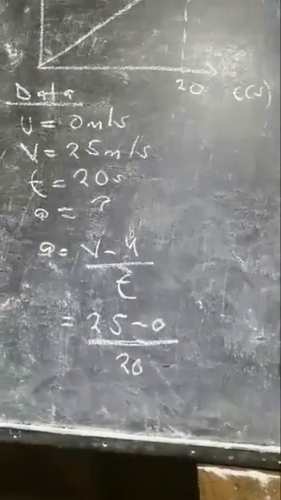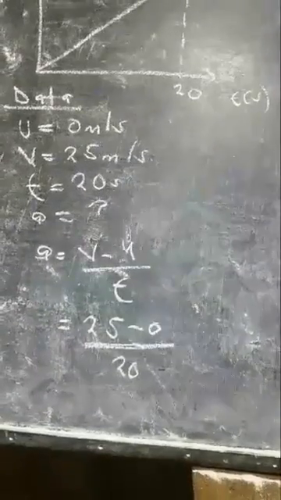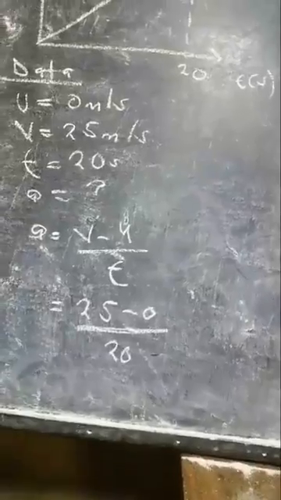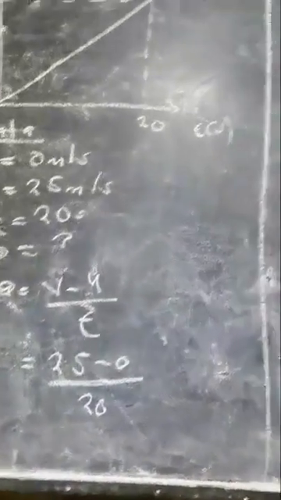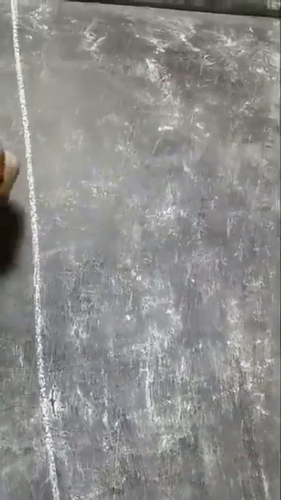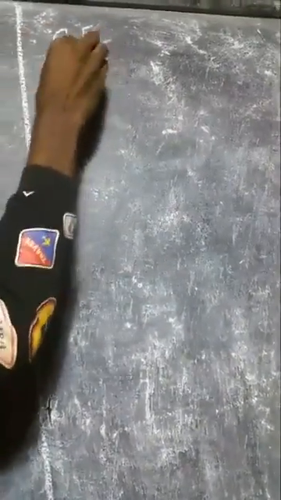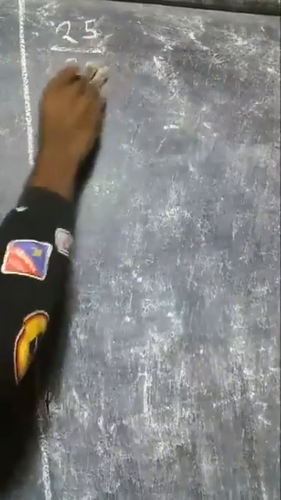So 25 minus 0 divided by 20. Therefore 25 minus 0 is just equal to 25, of course. So it's 25 divided by 20.